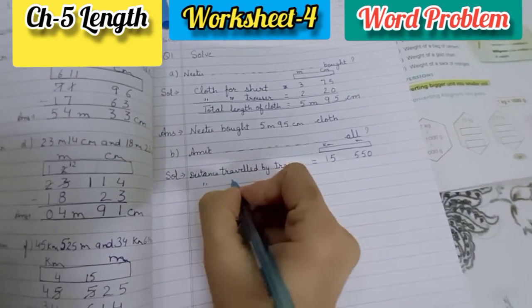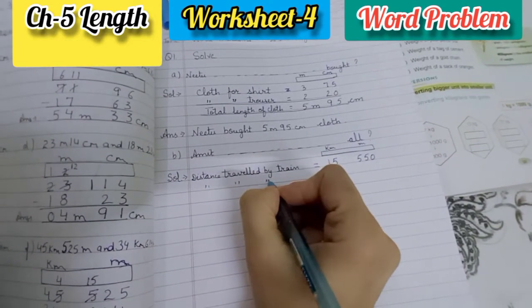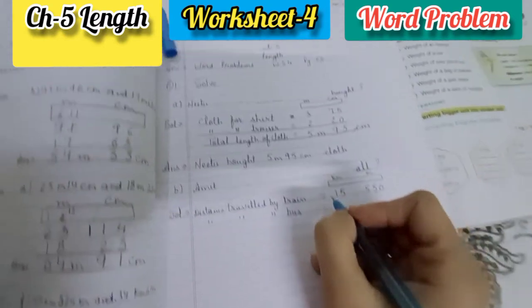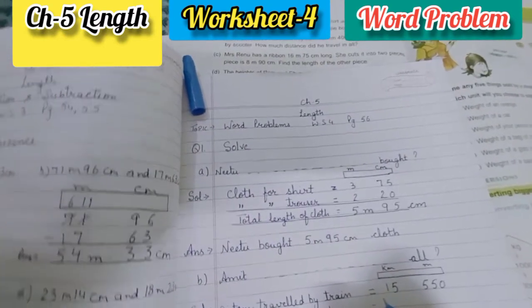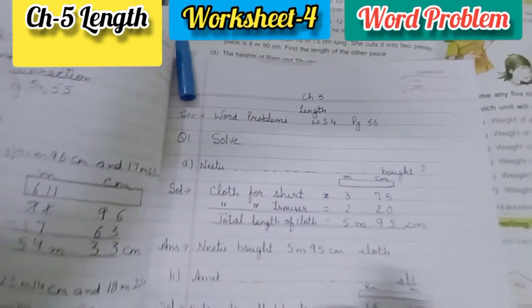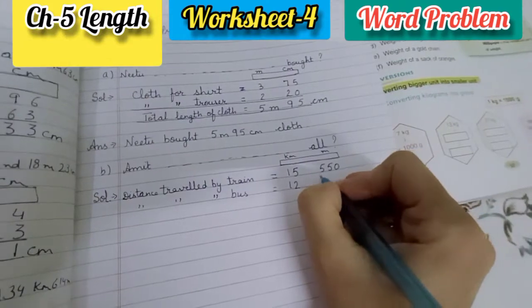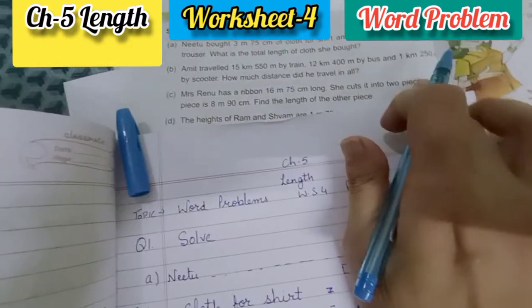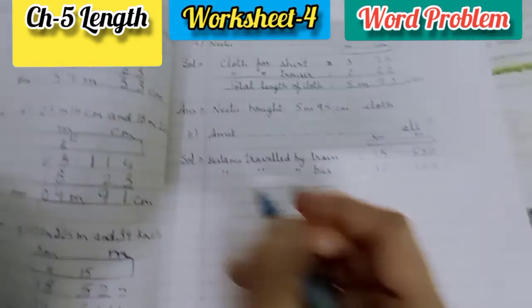Now distance travelled by bus, that is 12 km 400 meter, then we will write 12 kilometer and 400 meter. And then by scooter 1 kilometer 250 meters.